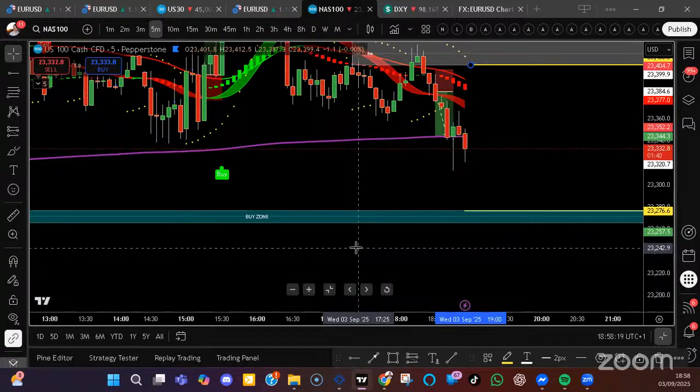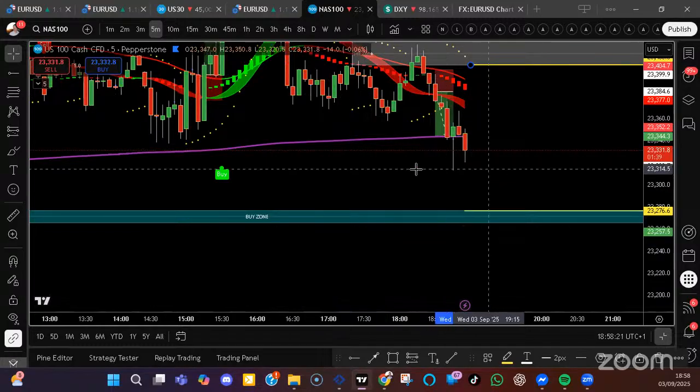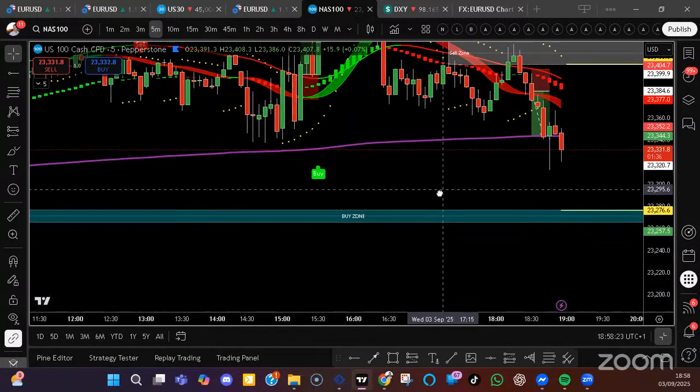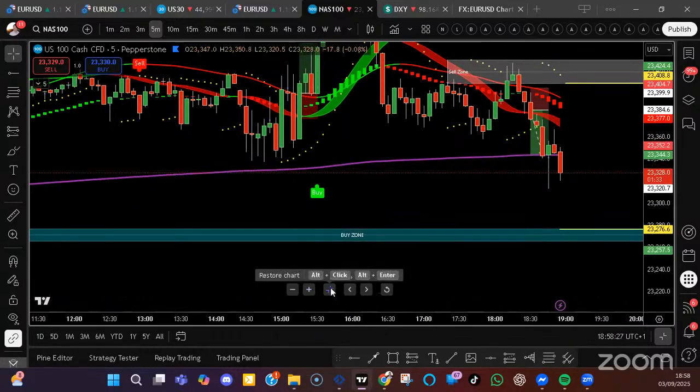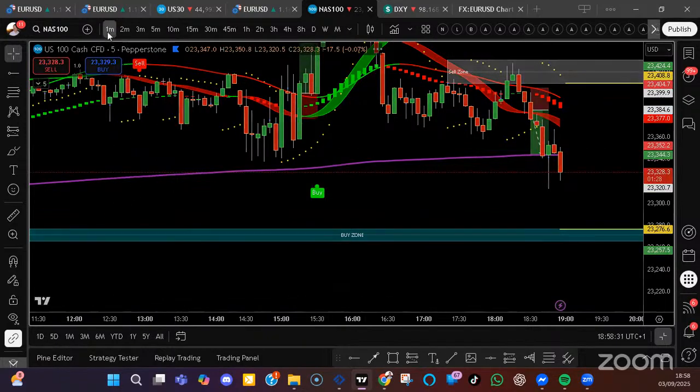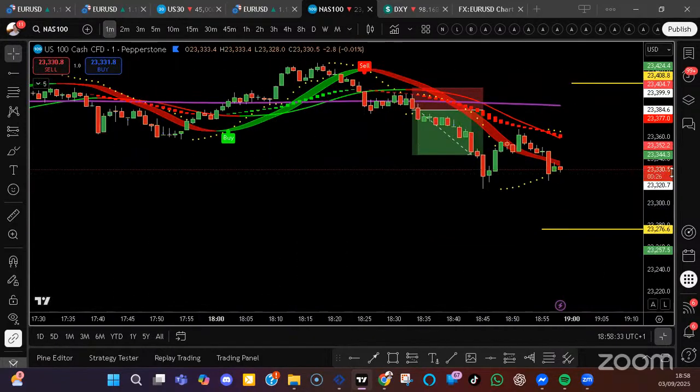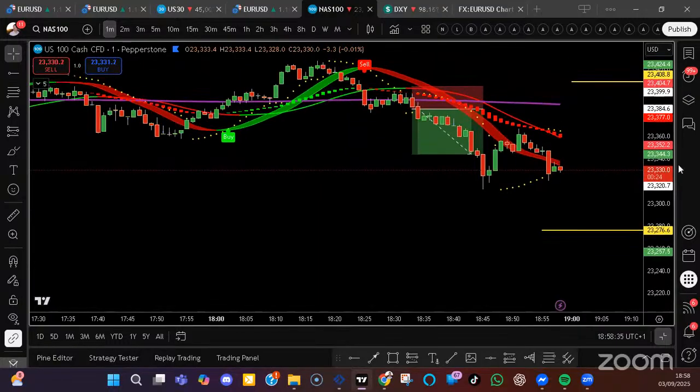And as you can see, we are away from that yet. So we'll have a look at the EUR USD. Put it down to the minute time frame before we do so. And there are the zones.